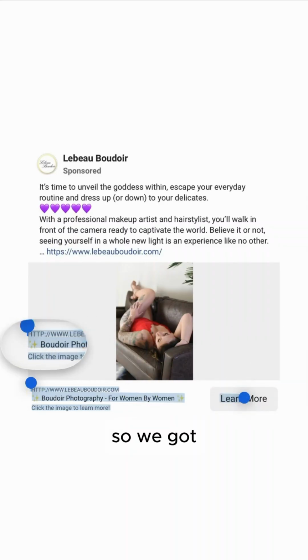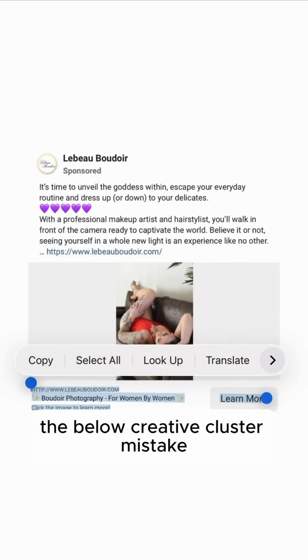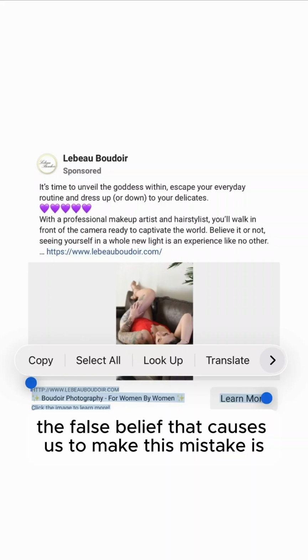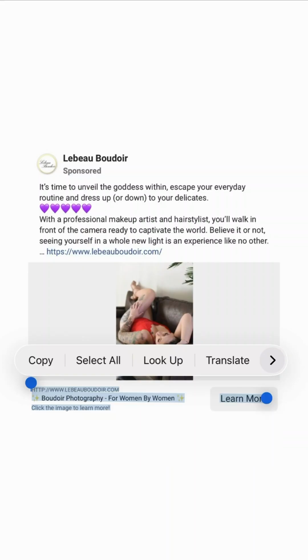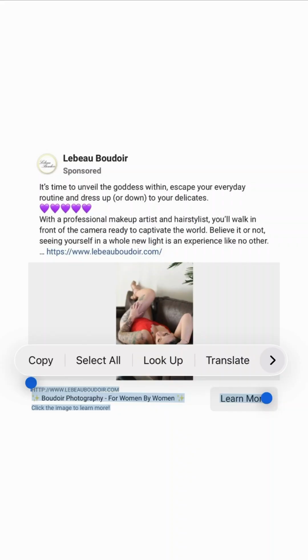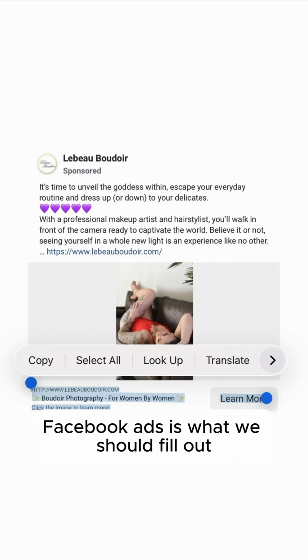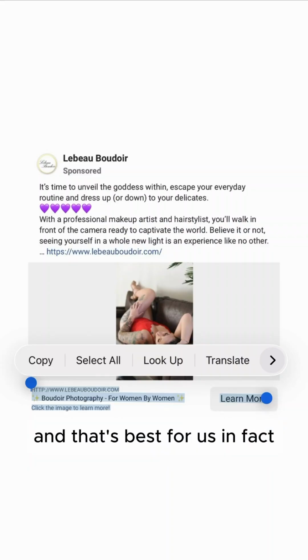So we've got the below creative cluster mistake. The false belief that caused us to make this mistake is that we believe what Facebook tells us to fill out for our boudoir Facebook ads is what we should fill out, and that it's best for us.